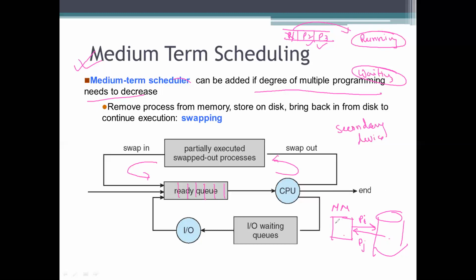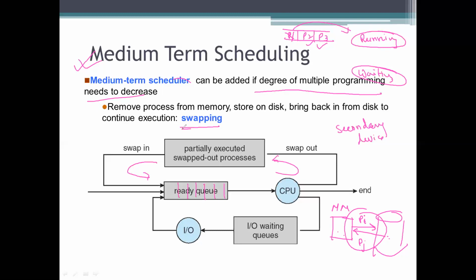This sending back of the process from the main memory to the secondary memory and bringing the process from the secondary memory to the primary memory is called swapping.